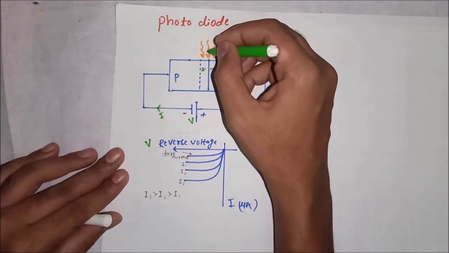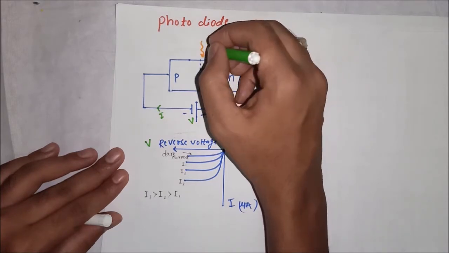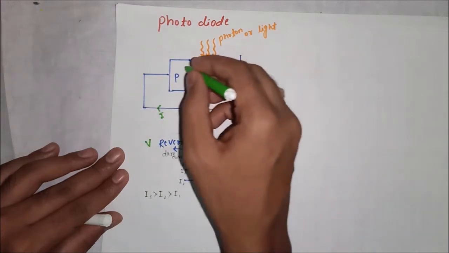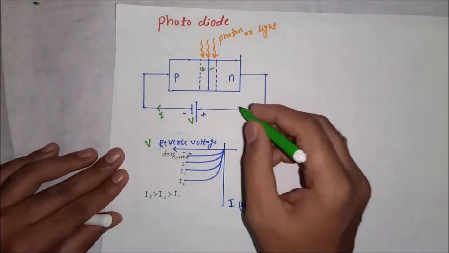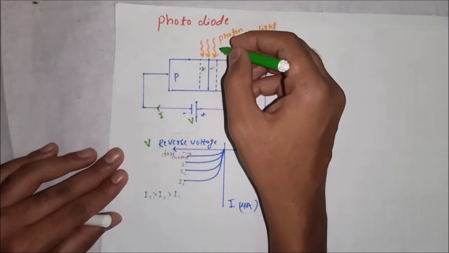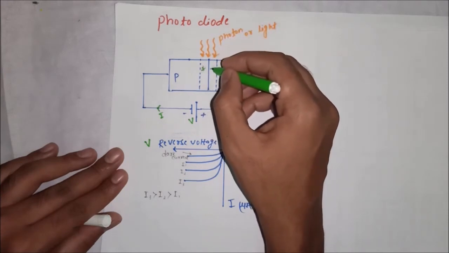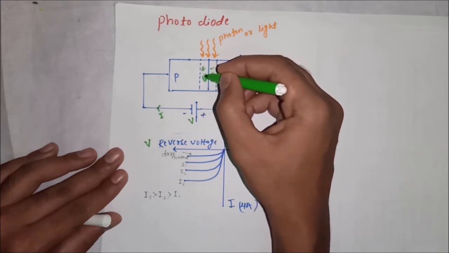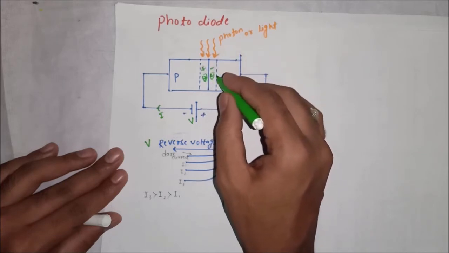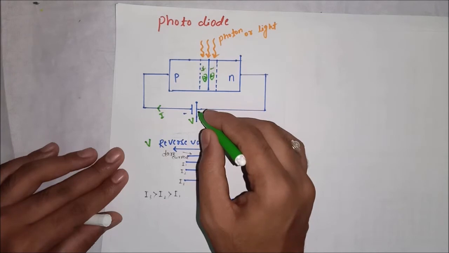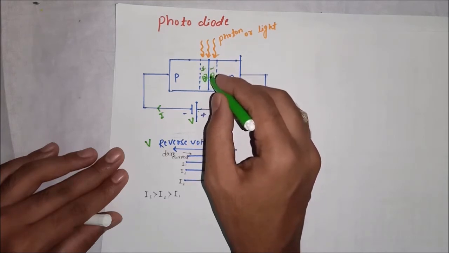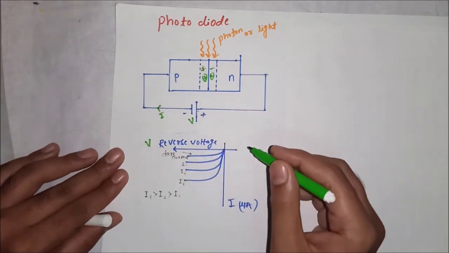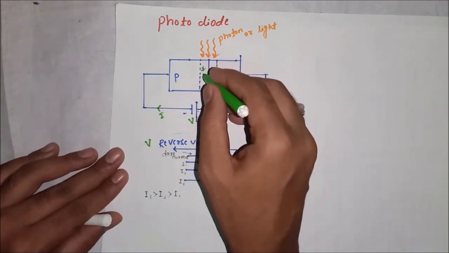As the light intensity increases, then what happens? The current in this diode increases. Why? As the light falling on it, there is a generation of holes and electrons. Electrons and holes will be generated, and these electrons flow towards positive potential of the battery, and holes flow towards the negative potential of the battery, and that produces more current.